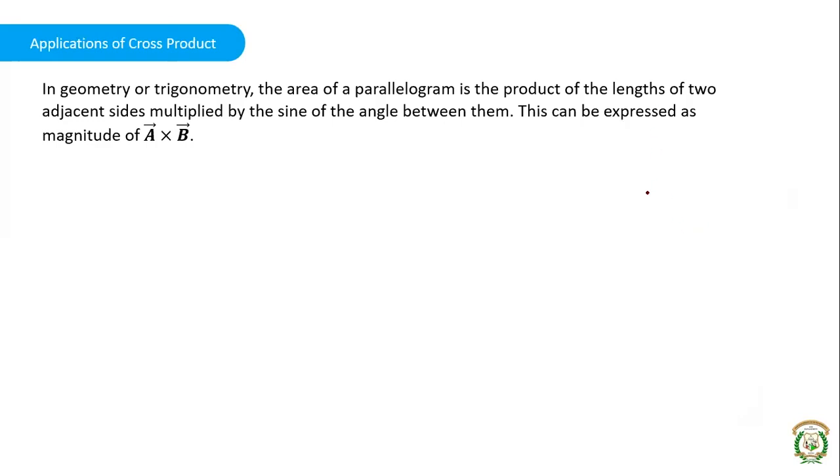So if the sides are A and B and the angle between them is theta, then it is nothing but the cross product. The magnitude of this cross product will give the area of the parallelogram. If you just consider the scalar area, you can just take the magnitude of A cross B, that will be the area of the parallelogram.